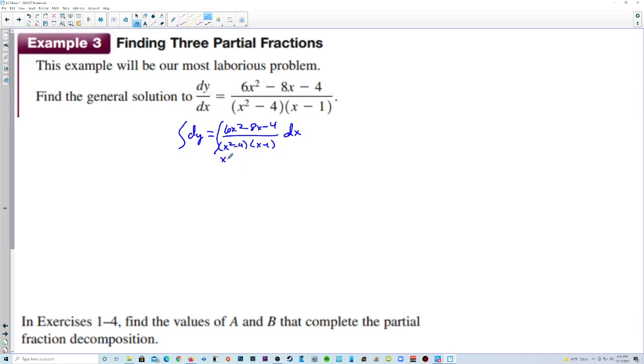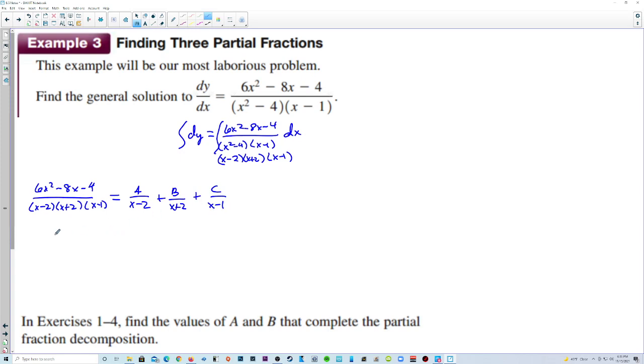So let's factor this: x squared minus 4 is x minus 2 times x plus 2, and we have x minus 1. 6x squared minus 8x minus 4 over all of this, x minus 2, x plus 2, and x minus 1, is equal to a over x minus 2 plus b over x plus 2 plus c over x minus 1.